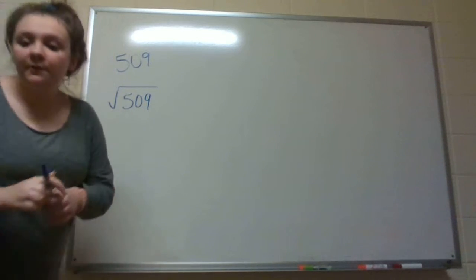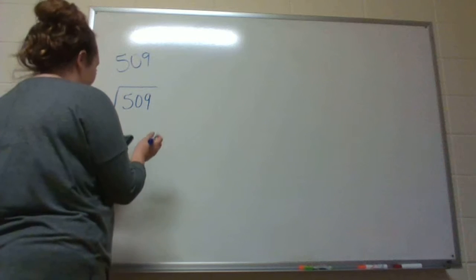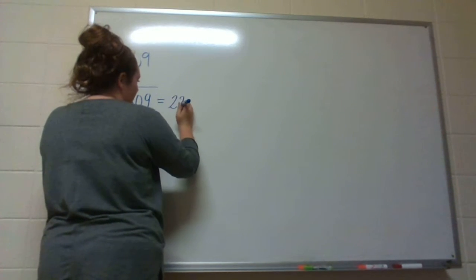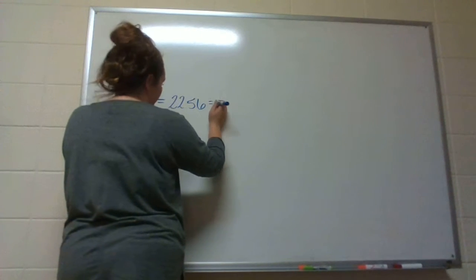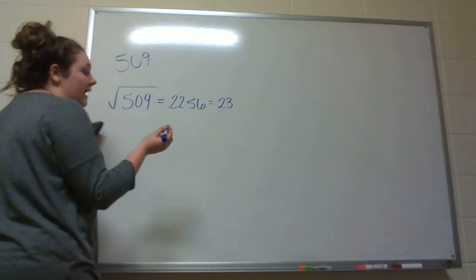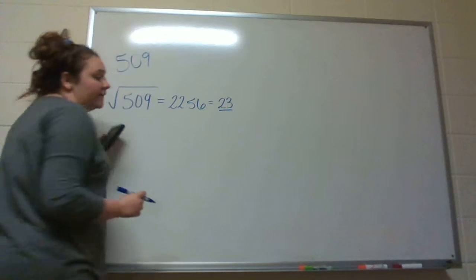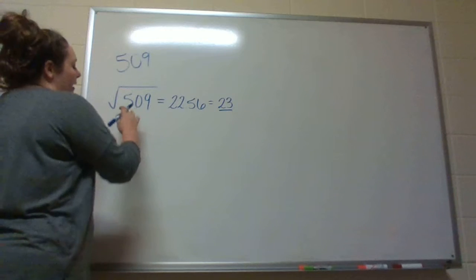So the square root of 509 is equal to 22.56, which is rounded to 23. So we know that we can go all the way to the number 23, and if we still don't have a whole number or a 1, then we know that this number is prime.